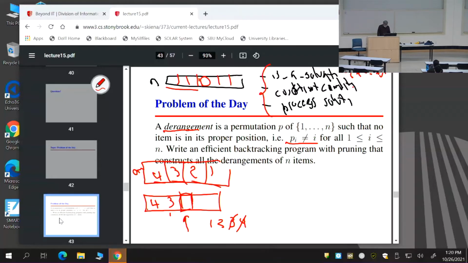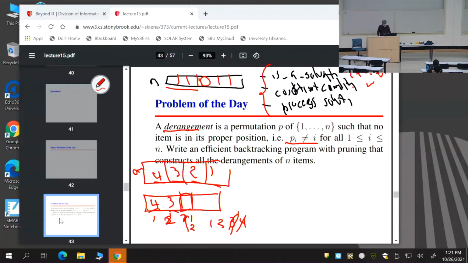And except for the index of the slot. That would rule out 3, but 3's already been ruled out, right? And the candidates here are going to be 1 or 2. Okay? Any questions? So his idea is he's going to find anything that could possibly be in a legal derangement, and put it there. That means it can't be anything that occurred in the early part of the solution, and it can't be i if we're filling the ith spot. Okay? Any questions about that?